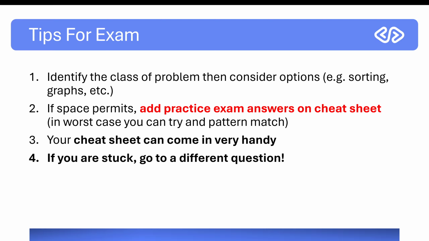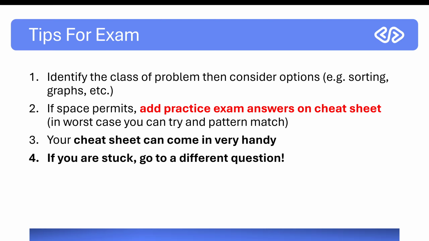Another practical thing is, if you're stuck, just go to a different question. I think I've said this for all the help sessions. It's always better to just try something new and not just stall at a question, because sometimes you need a break, which is a bit paradoxical, but sometimes you need to go away from the problem to get a new idea.